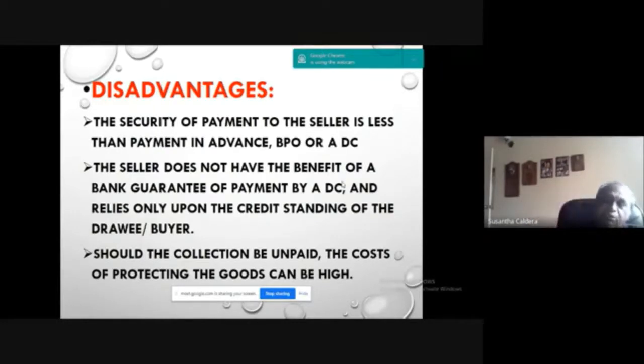This was introduced in 2015 by ICC, and they wanted Sri Lanka to be a party in 2017. But fortunately, from 2015 to 2017, within 2 years, it became redundant. Nobody wanted to use bank payment obligations.